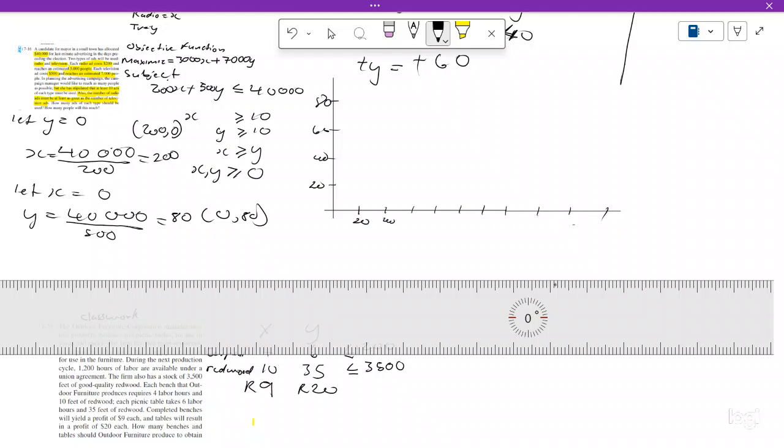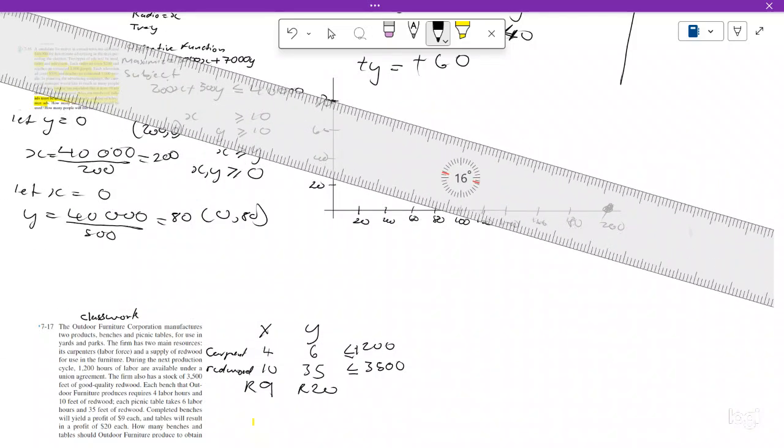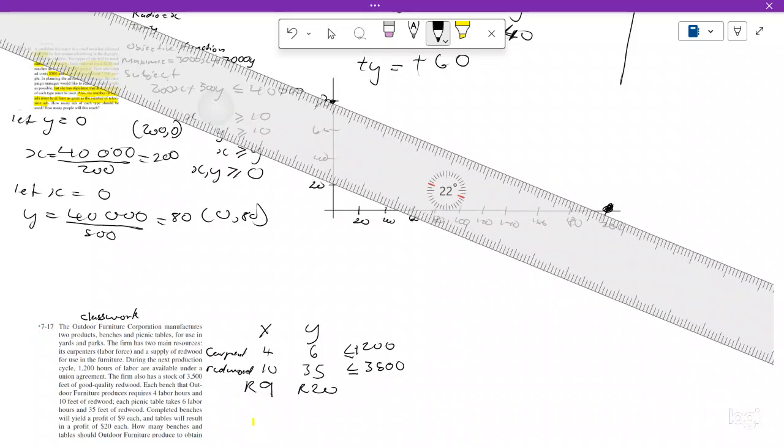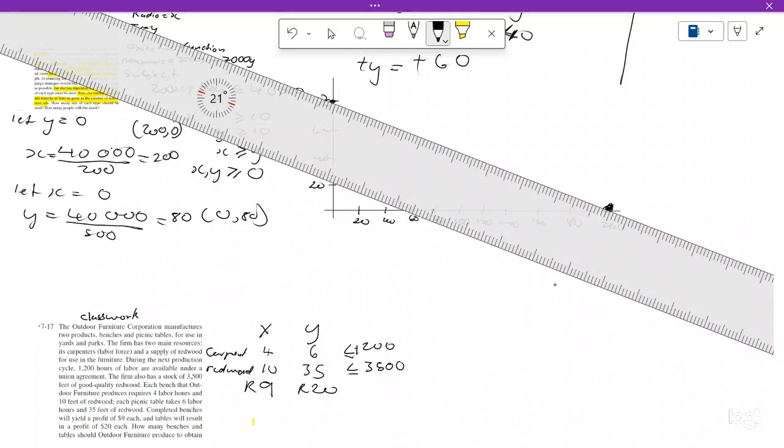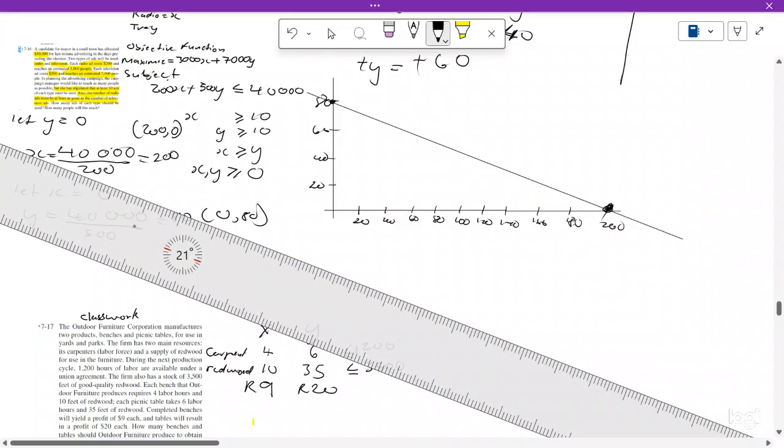That's your point there, and another one at 80, that's your point there. Then let's come and write there. Okay, and then remember we're going down, okay? Then we're looking for 10.